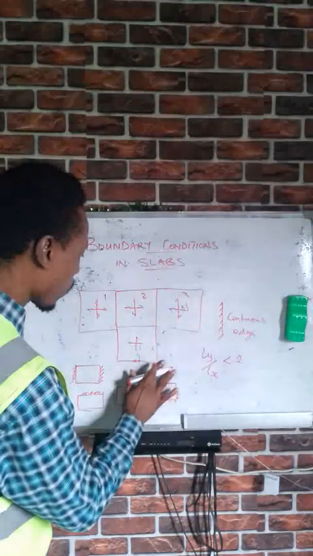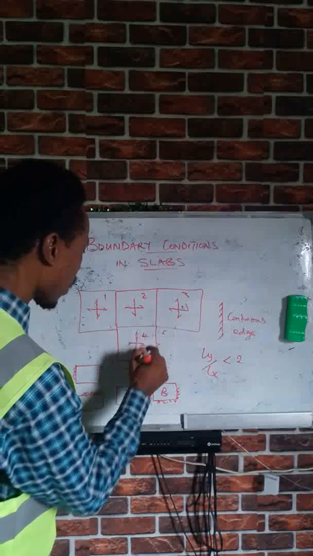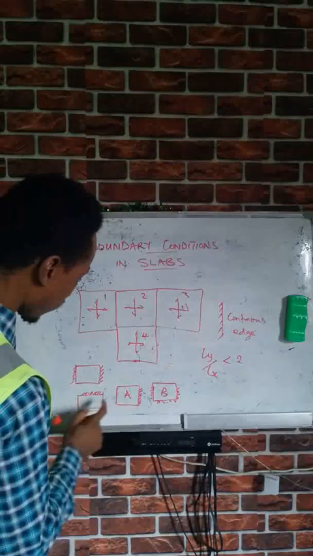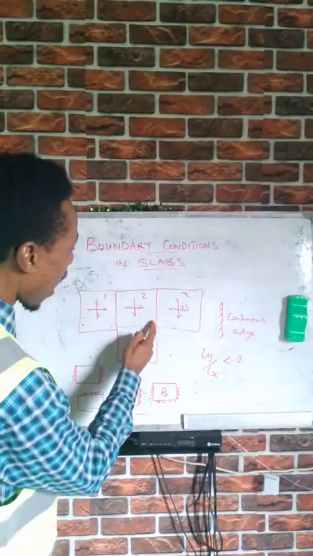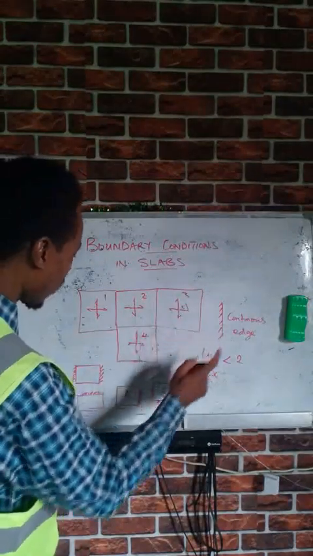Let's say panel 4 is hinged at this point. Panel 3 satisfies this condition: it is hinged at this point, continuous at this edge, and free at this edge.